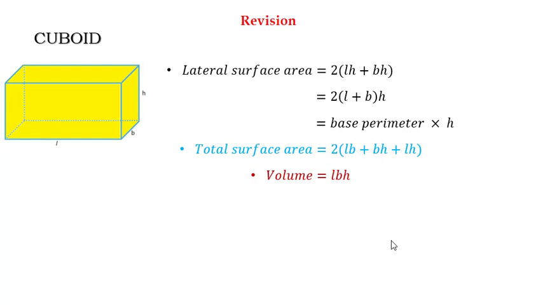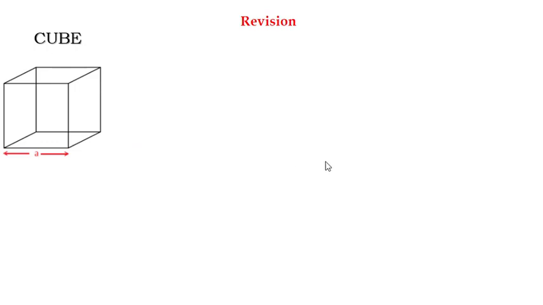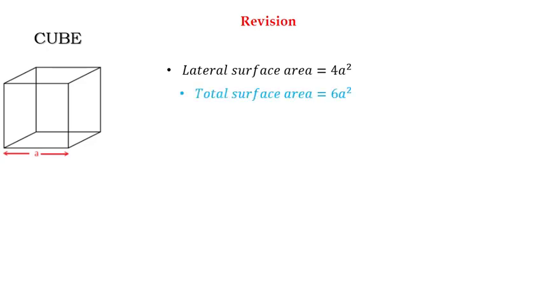Okay, let us move to the second solid, which is cube. Now cube is a special type of cuboid in which length, breadth and height all are same. So in case of cube, lateral surface area is 4 times A square. Total surface area is 6 times A square.